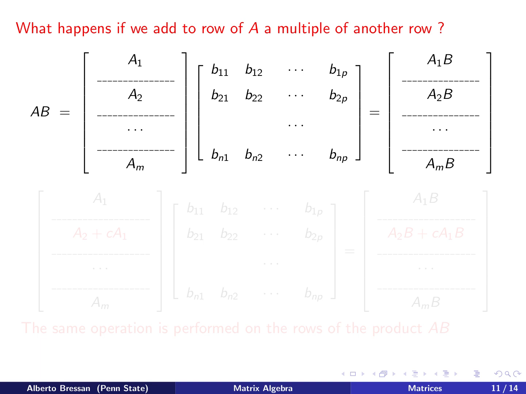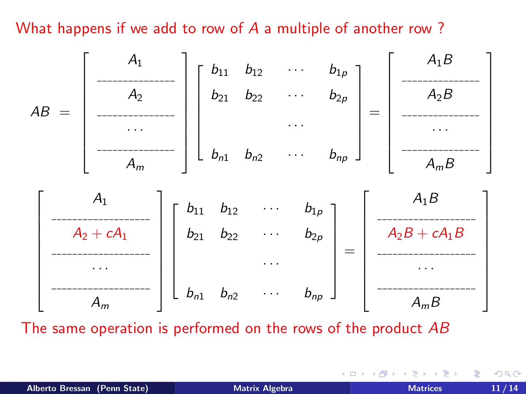Same setting, that's the original system, A times B. What we want to do now is take the second row in A and add to it the first row times a constant C. So what happens to the final product of A times B? Well, all the other rows will not be changed, because they will be A1B, A3B, and so on.